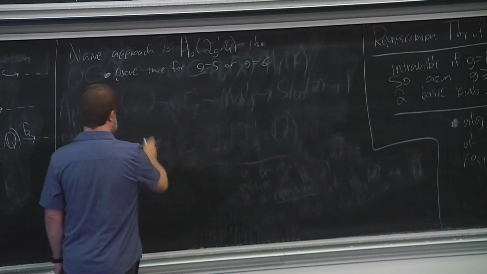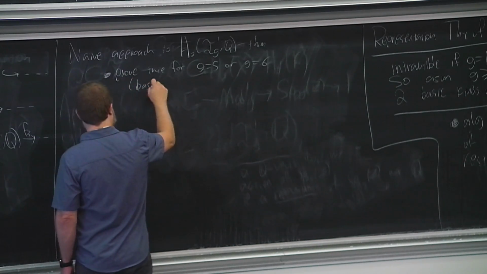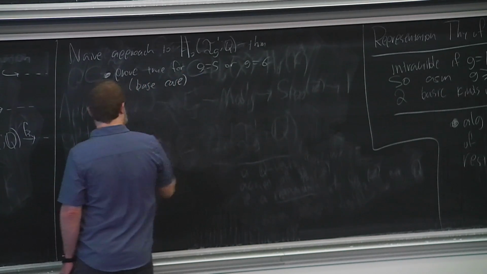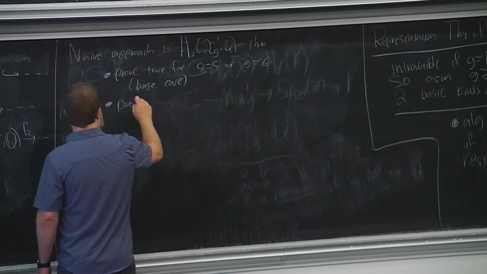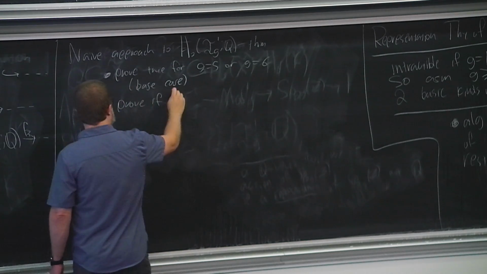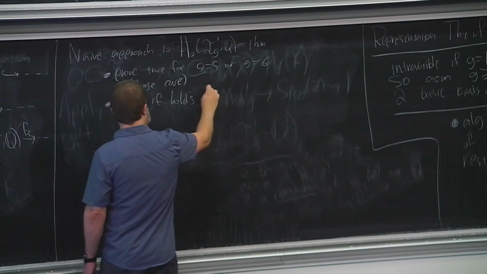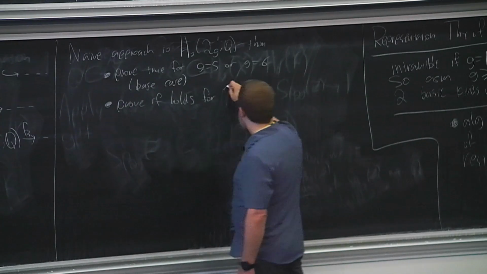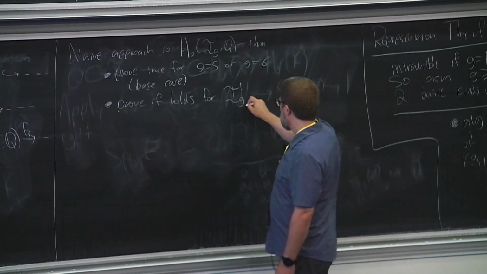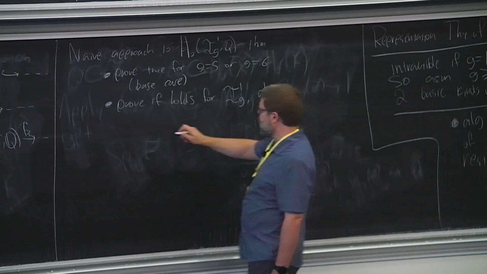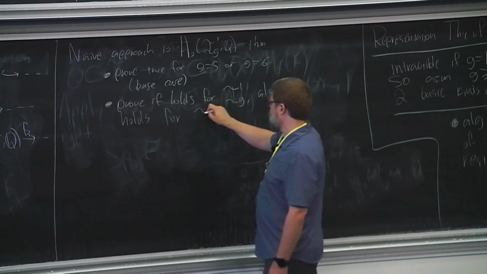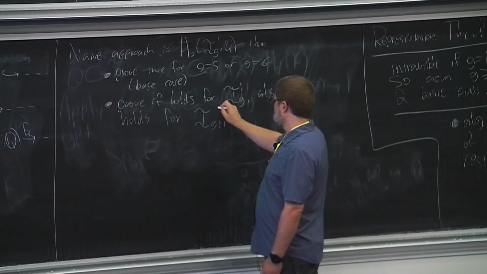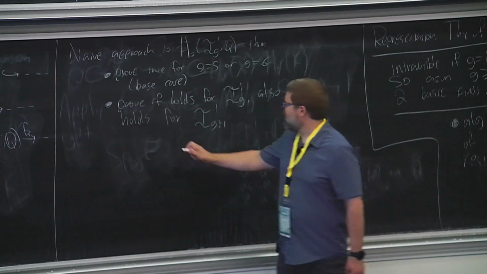That's like a base case of an induction. And then prove that if it holds for Torelli G1, it also holds for Torelli G plus 1, 1, right? This is like an inductive step.